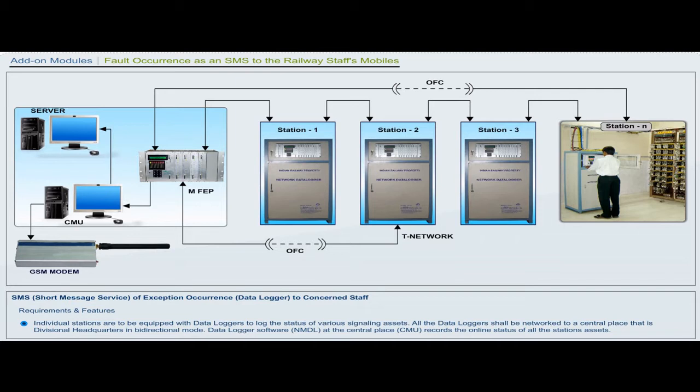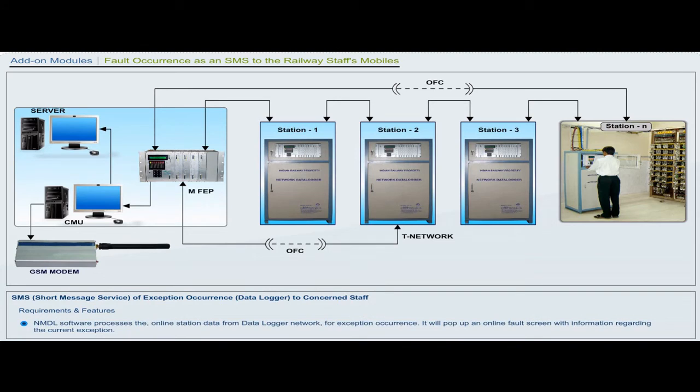The data logger software NMDL at the central place, CMU, records the online status of all the stations' assets. A GSM modem shall be connected to an additional serial port of the NMDL PC and configured in NMDL.